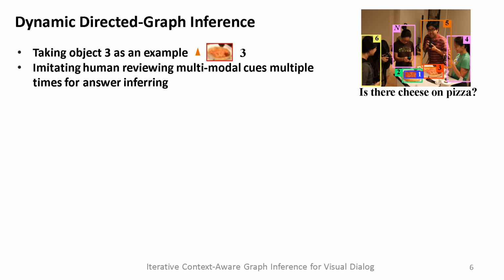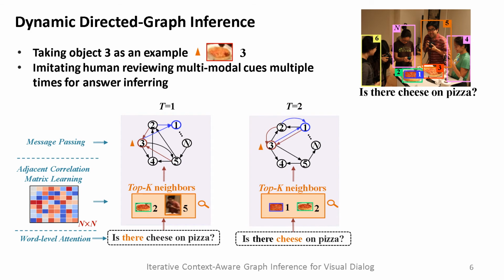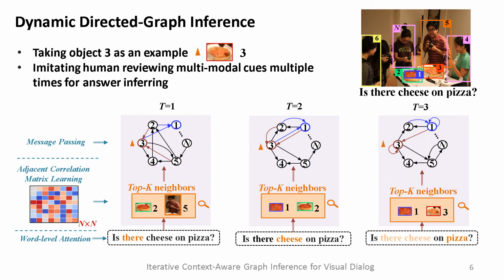Taking object 3 in the image as an example, our model aims to imitate humans reviewing multimodal cues many times for answer inferring. In each iteration, our model first attends to some operative words in the question. Then each node will discover relevant neighbors related to the question.